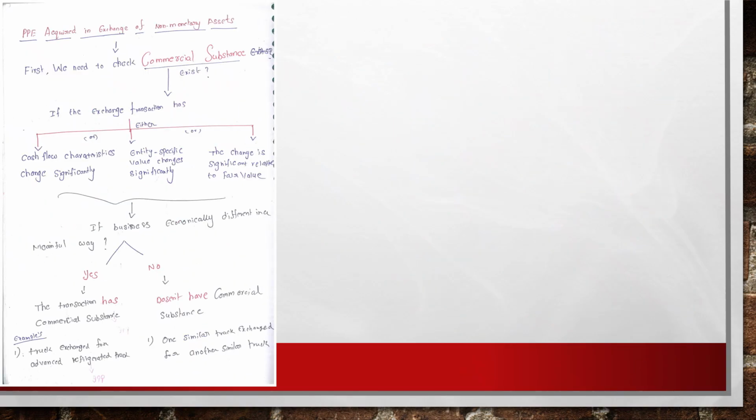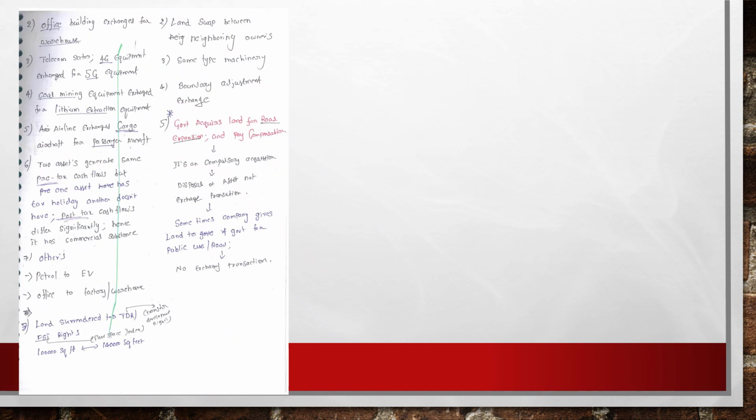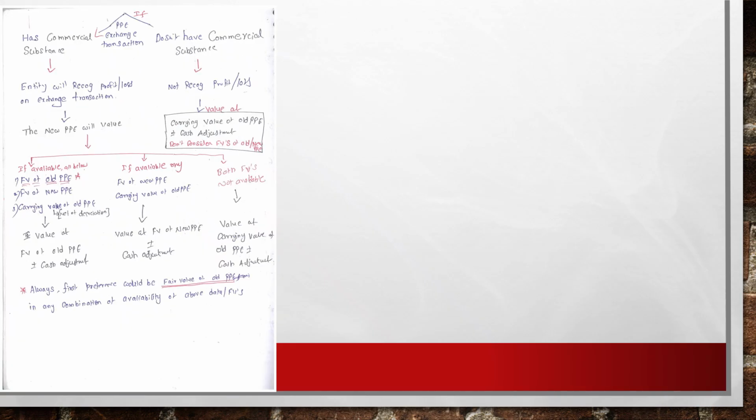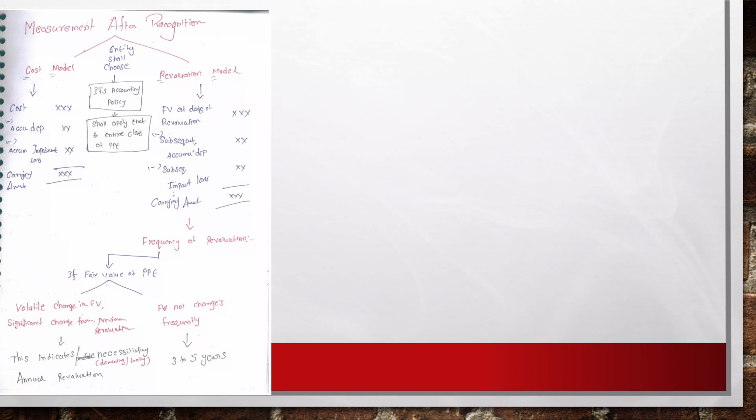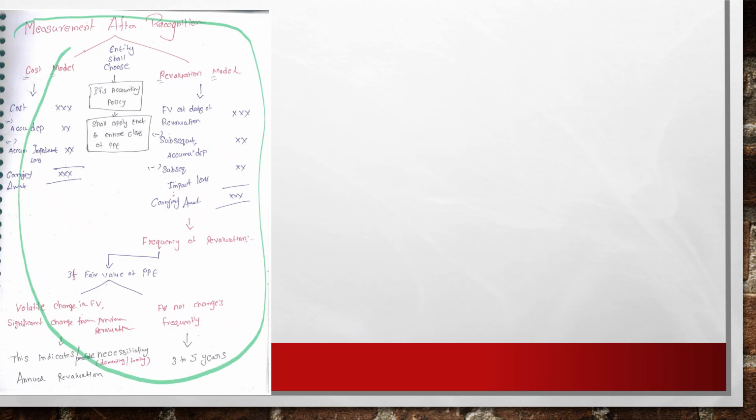Also what a non-monetary asset is, whether there is commercial substance, what commercial substance is, and examples of it. There are a lot of examples we have drafted. If it has commercial substance, how to account for it; if it doesn't, how to account for it. And also the measurement after recognition. All these concepts will come in the next classes.